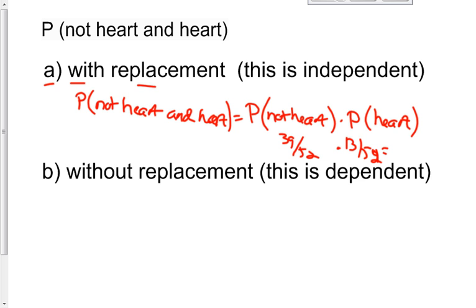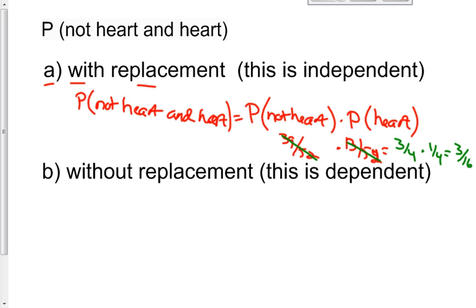And then we can do our reducing. Now these numbers reduce. Hopefully you're going to be looking at these enough that they're going to start to be familiar to you. 39 over 52 reduces to 3/4. 13 over 52 reduces to 1/4. So the probability that I choose not a heart and then a heart with replacement is 3 over 16.